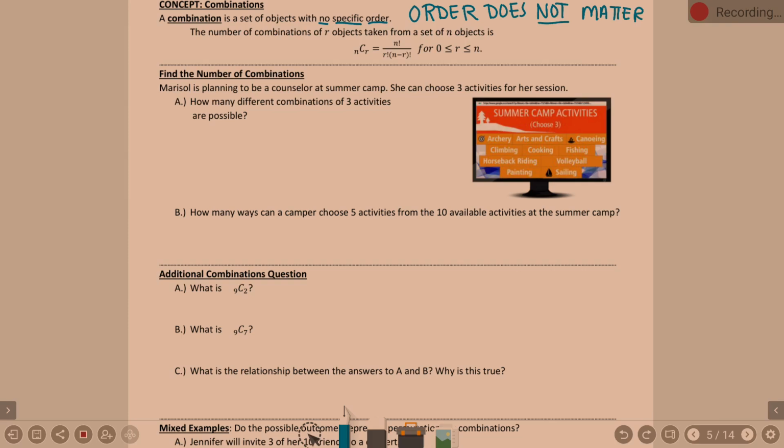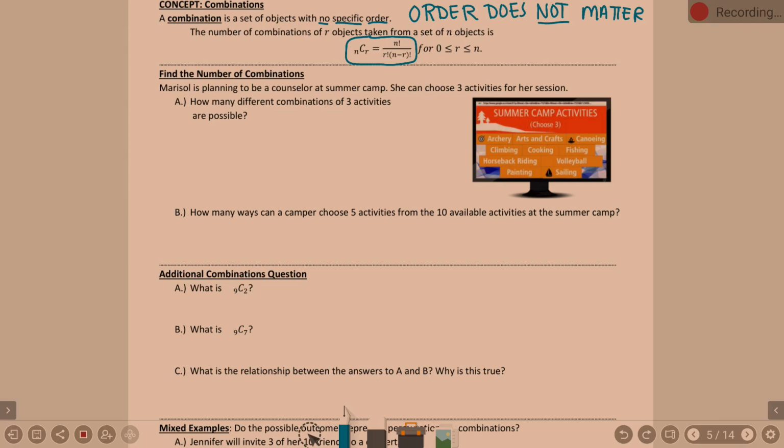So with a combination, order does not matter. The number of combinations of R objects taken from a set of N objects, and we have a formula, NCR, is N factorial divided by R factorial times N minus R factorial. And R has to be between 0 and N. That's just saying that N is bigger.